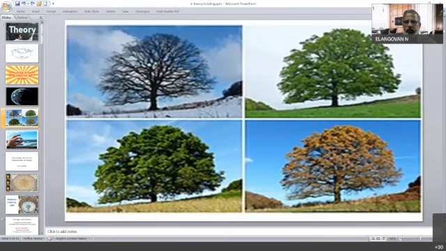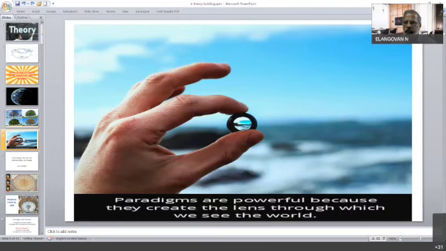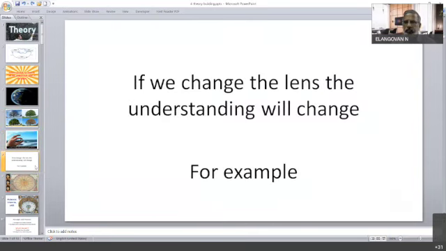Paradigm is the base for us to look at the world in different ways. It is like a lens. We see through the lens and we understand the world. And for the same world, if we change the lens, the understanding will also change. So that is where different paradigms come in.